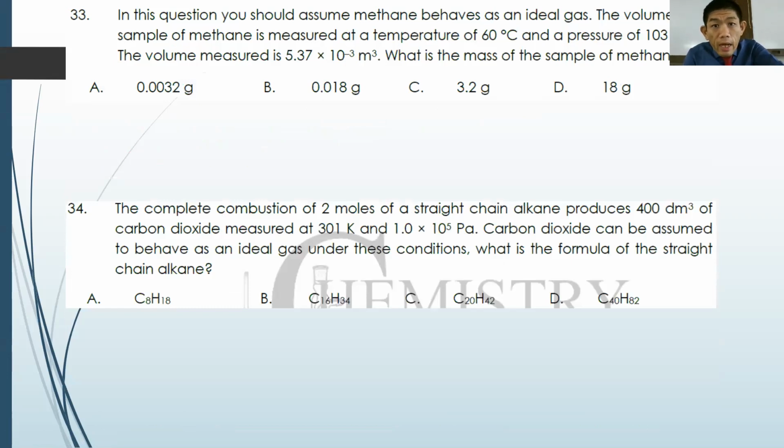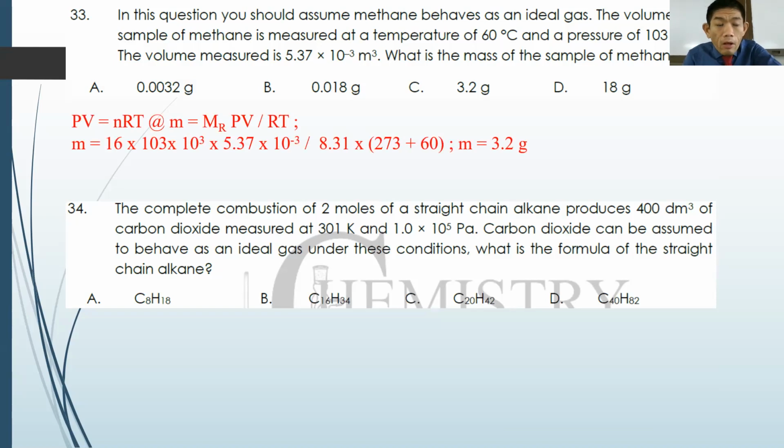Number 33. In this question, you should assume methane behaves as an ideal gas. The volume sample of methane is measured at temperature 60 degrees Celsius, pressure 103 kilopascal, volume measured at 5.73 times 10 power of negative 3 meter cube. So what is the mass of the sample of methane? So you use PV equals to nRT, or simply mass equals to molar mass times PV over RT. So you substitute all the values inside there.